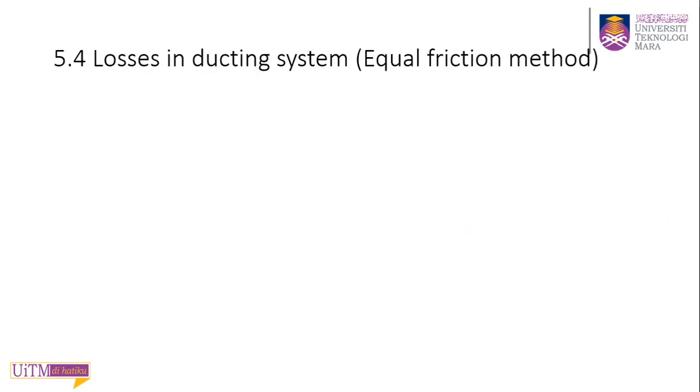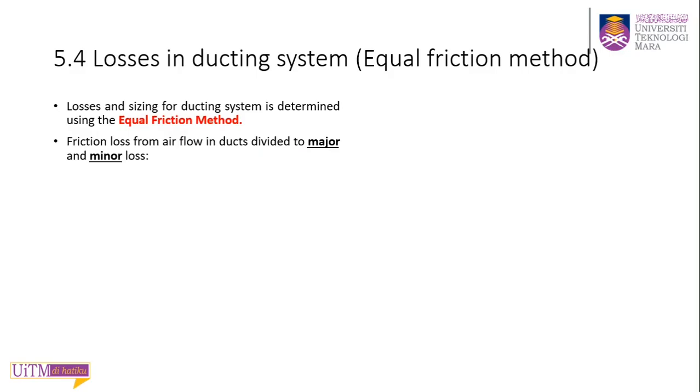Now, to determine the losses due to airflow inside an air distribution system, the equal friction method will be used. Frictional losses inside a ducting system can either be major or minor losses.